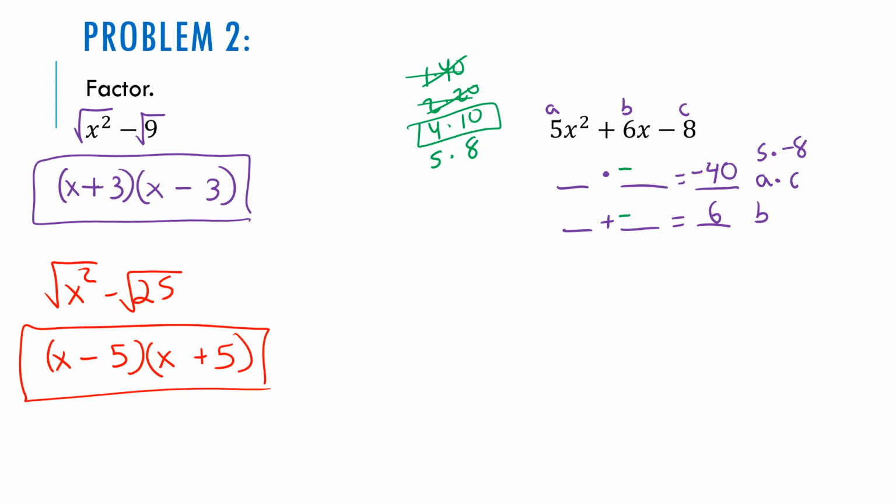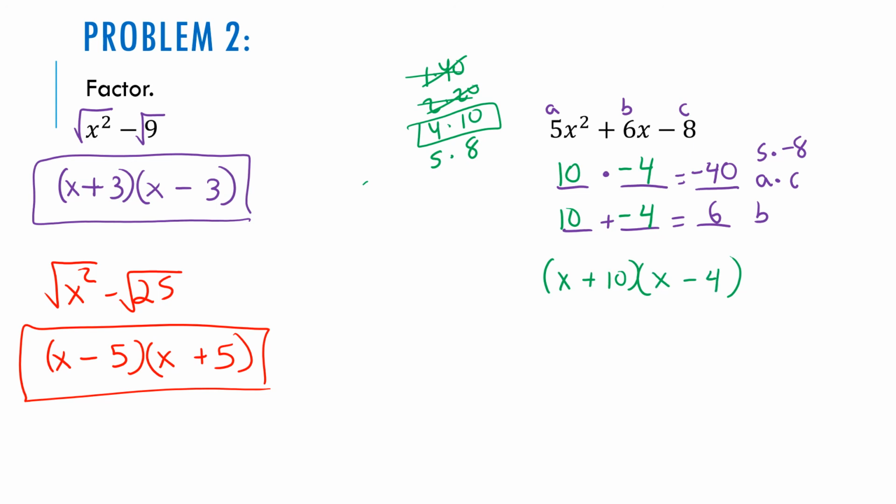So I'm going to use 4 and 10, but the question is, which one gets the negative sign? Well, 10 minus 4 is a positive 6. So I want to have 10 being positive and 4 being negative. So now I can go ahead and do my parentheses. I will have x plus 10 and x minus 4.